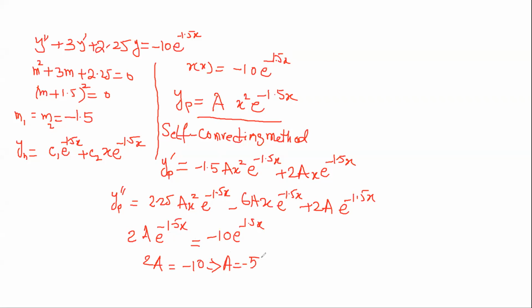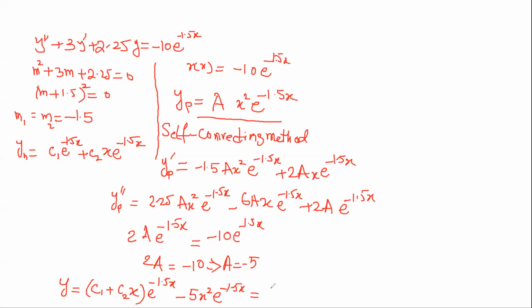So once you determine the value of a, then you can write the general solution in terms of this. So it will be C1 plus C2x, and e power minus 1.5 x, minus, so it will be a x square, so it will be minus 5x square e power minus 1.5 x.